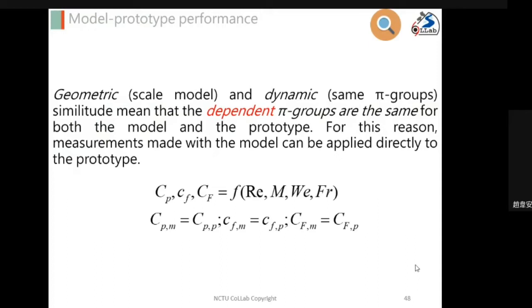For these reasons, measurements made with the model can be applied directly to the prototype. So equation 2 just reminds you, please keep in mind, the left-hand side is the dependent pi groups and the right-hand side is the independent pi groups.